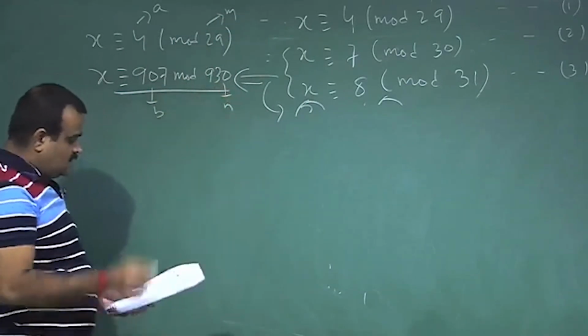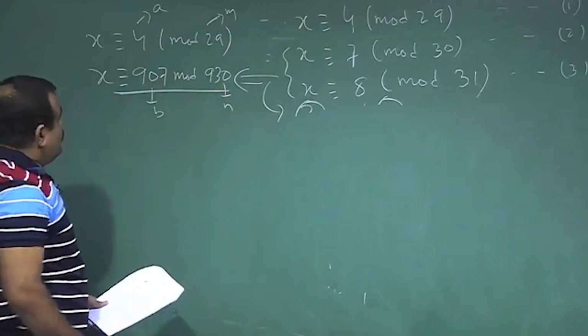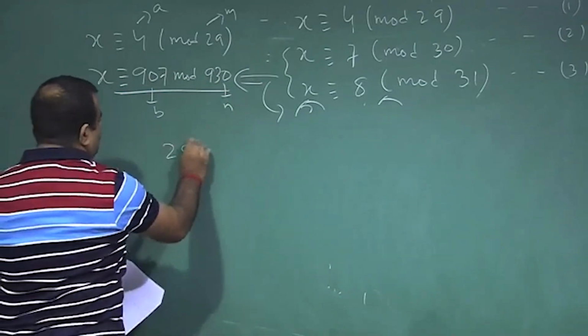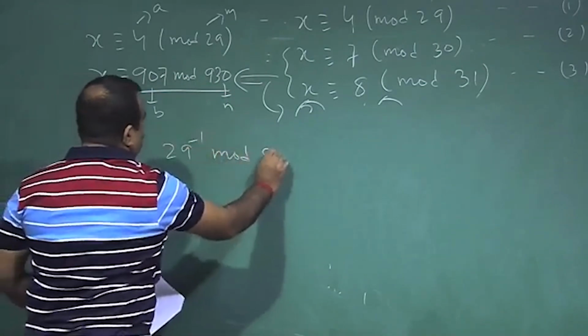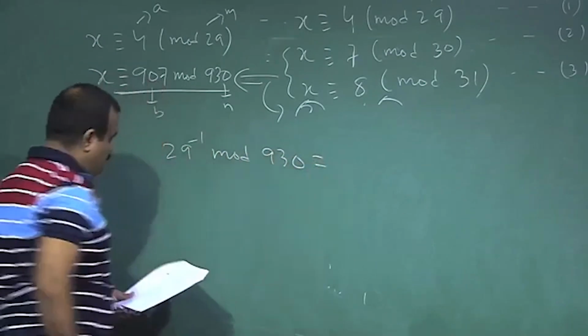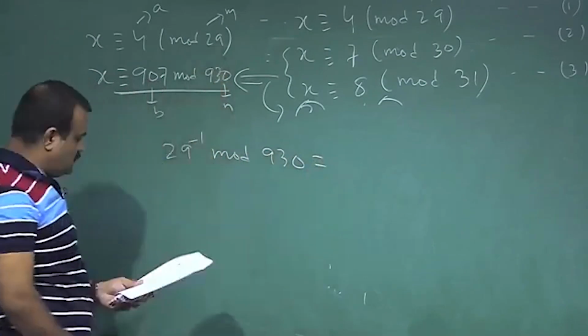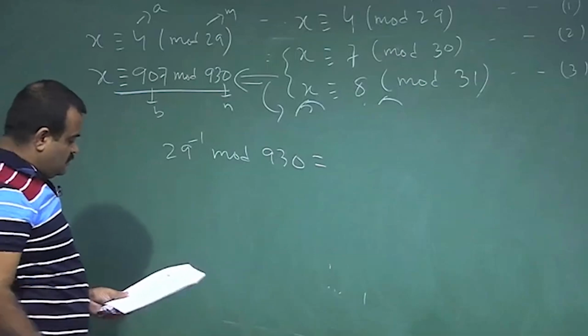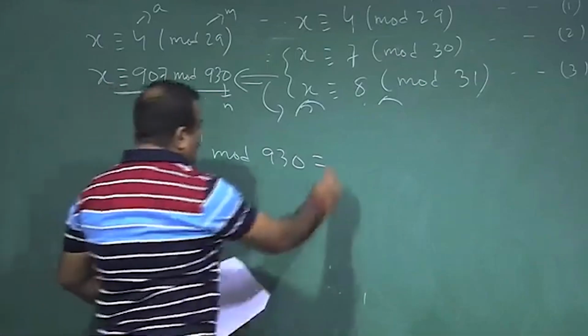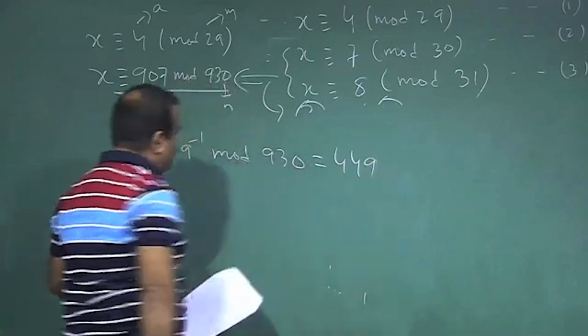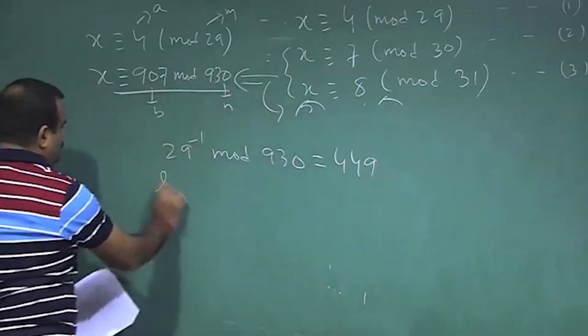To get the solution we have to find m inverse, so 29 inverse mod 930. This again is by the Euclidean algorithm, and we know these two are relatively prime, so the inverse will exist, and using the extended Euclidean algorithm one can get this. This is the inverse.